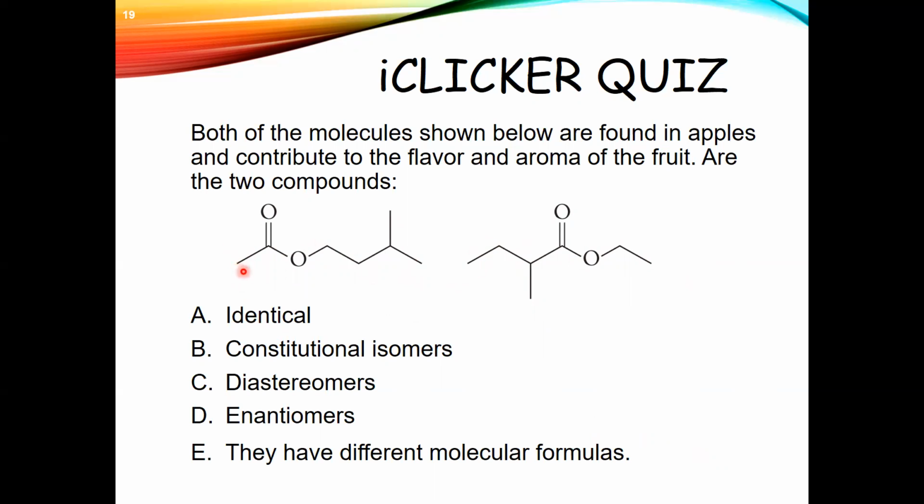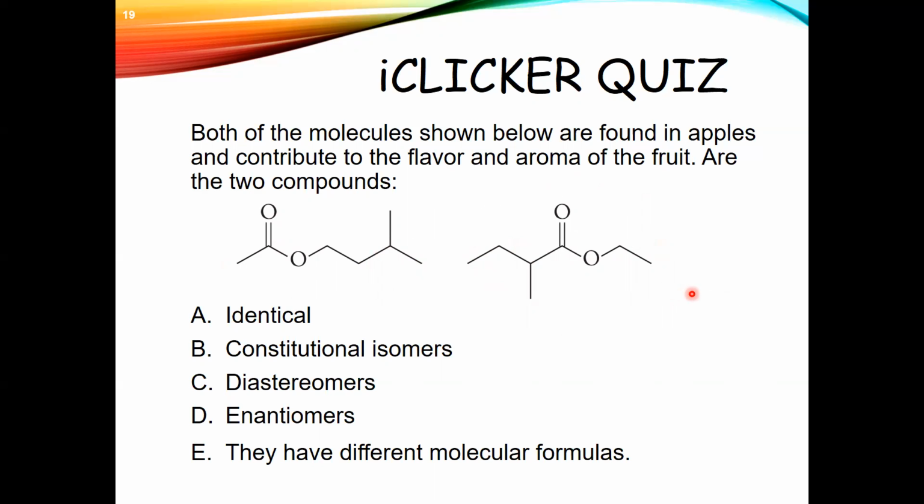Counting 1, 2, 3, none right there. 4, 5, 6, 7, 8, 9, 10, 11, 12, 13, 14 hydrogens on the left. We got 1, 2, 3, 4, 5, 6, 7, 8, 9, none right there. 10, 11, 12, 13, 14 hydrogens on the right. So we have the same formula for both of them.